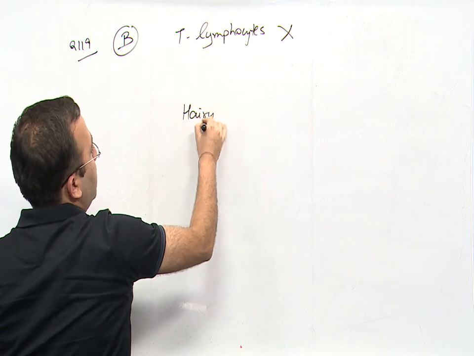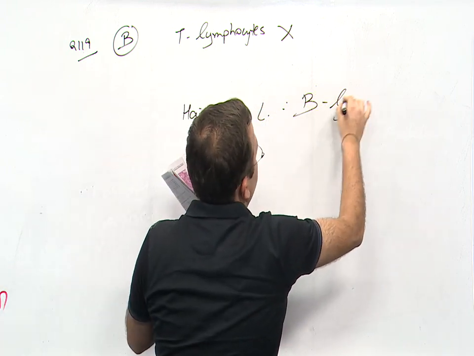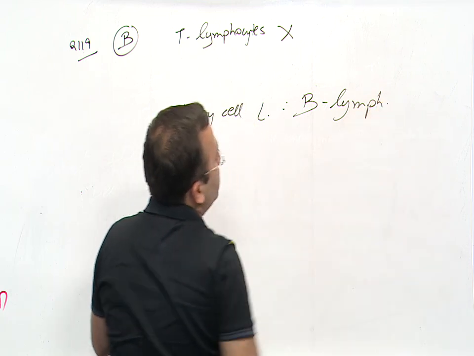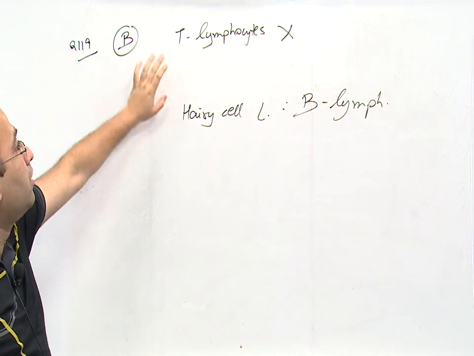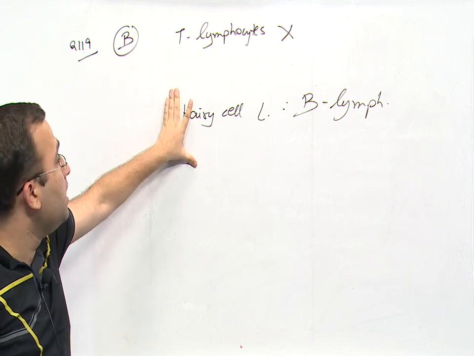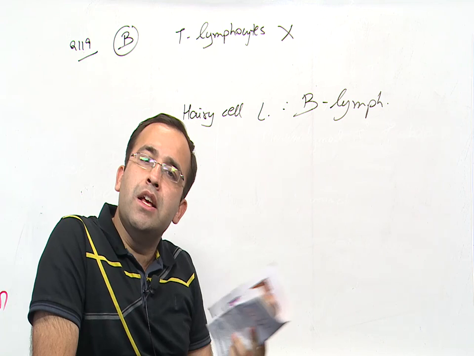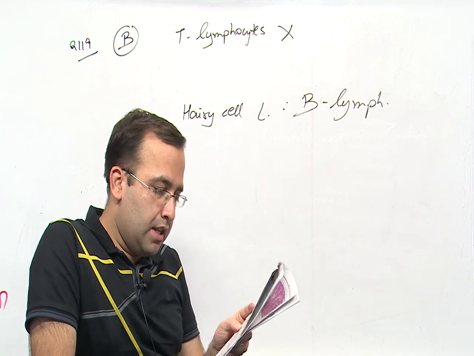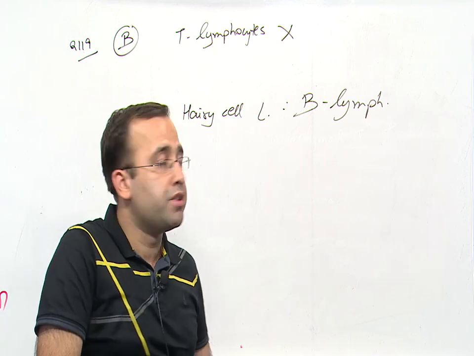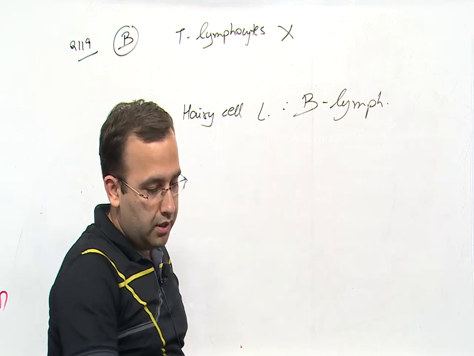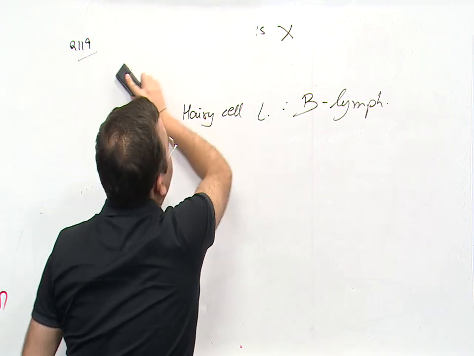Hairy cell leukemia arises from B lymphocytes, not T. Second, you very well know the splenomegaly is conspicuous. Cells are positive for TRAP and they are CD25 positive. So the answer is B, that is, they do not arise from T lymphocytes.